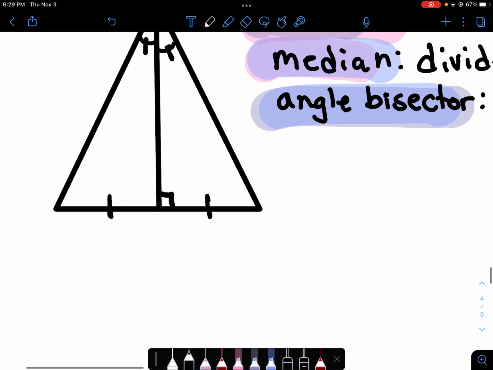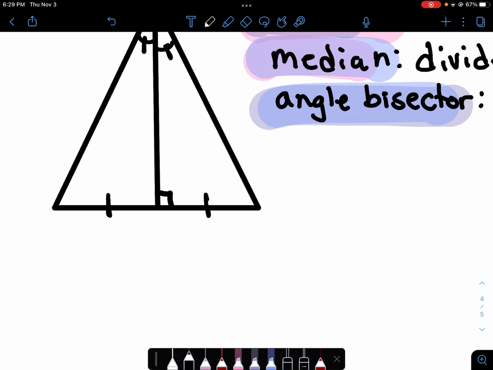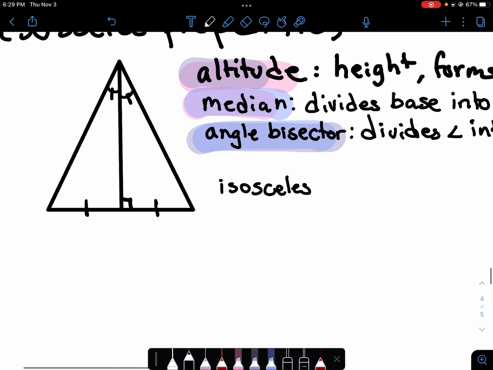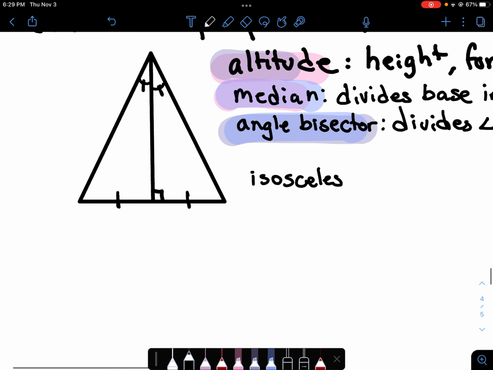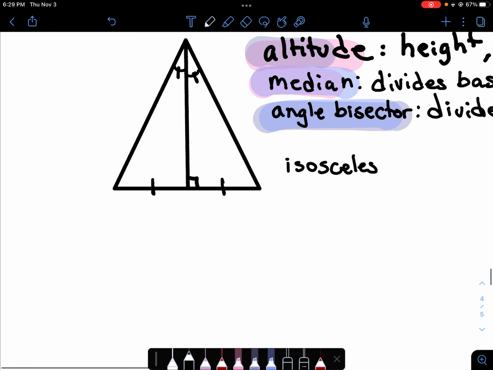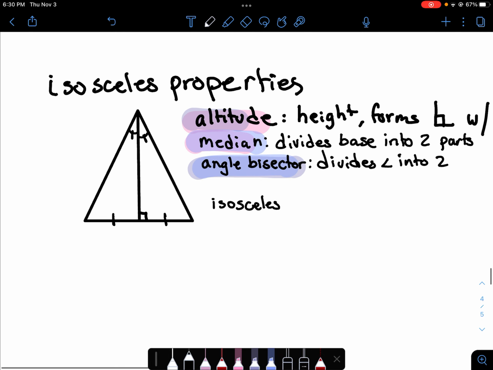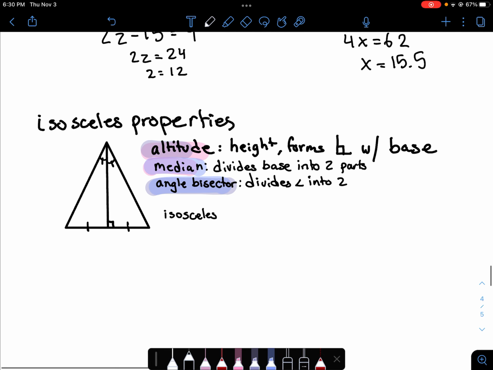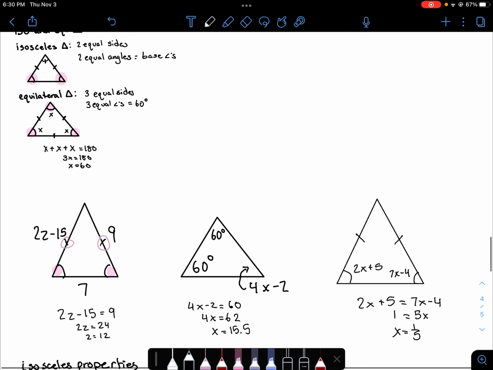If you see those, you know it's an isosceles. But you only need to see two. So those are some of the properties in an isosceles triangle that come up at a later date.